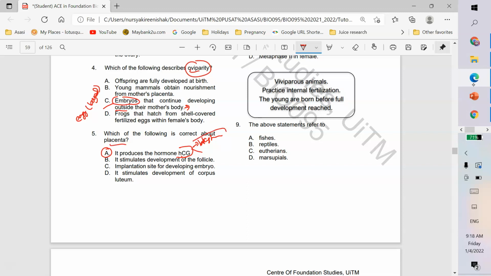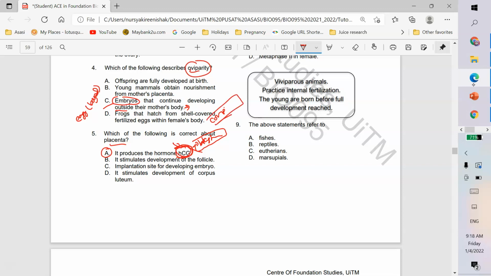So initially, why does the blastocyst need to secrete HCG? Hormon ni diperlukan oleh corpus luteum to be maintained, to prevent the corpus luteum from being destroyed or degenerated.